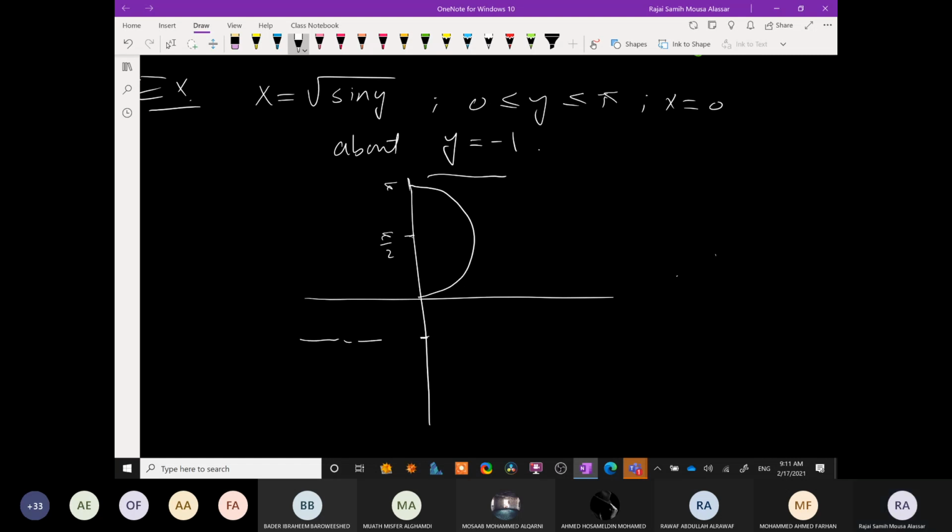Again, we like to make our mechanical engineers happy, yes? This is the center line. And this is at -1. Okay, so the rotation is about what? About y equals -1.